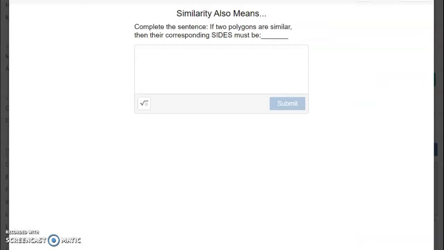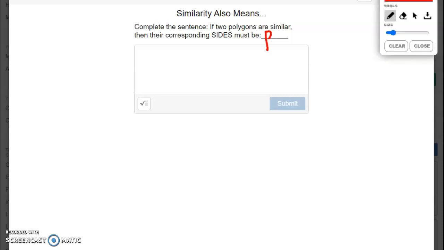If two polygons are similar, then the corresponding sides must be not congruent, but what? Proportional. That means it's not the same, but you can use a common scale factor, or the ratio between the corresponding sides is equal.